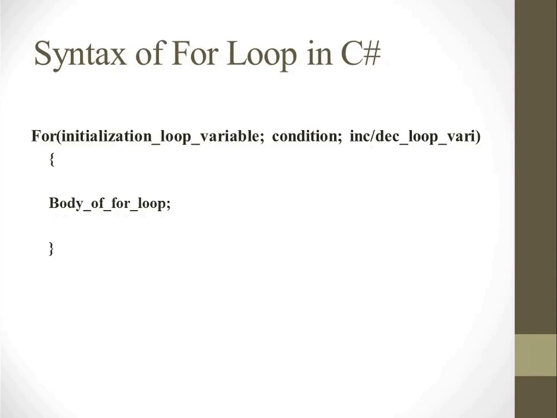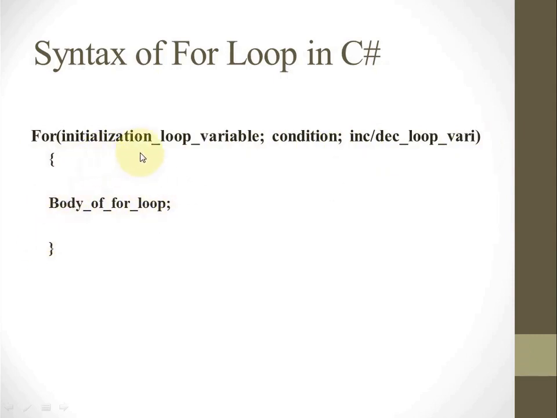The syntax of a for loop. Again, this is a type of loop, so we will be repeating some statement or set of statements. What is the syntax? We write the keyword for, then the initialization of a variable, semicolon, then the condition, then we increment or decrement the variable, and within the body we have the loop body.